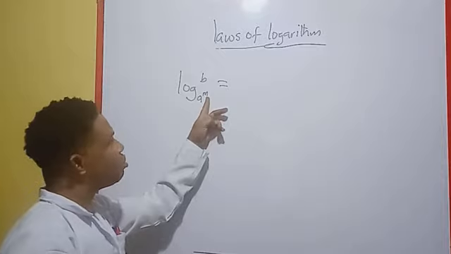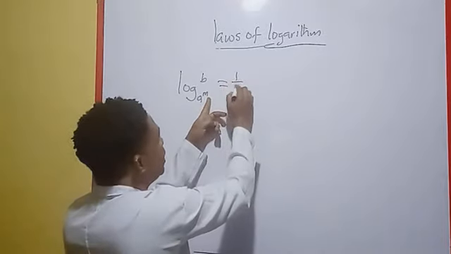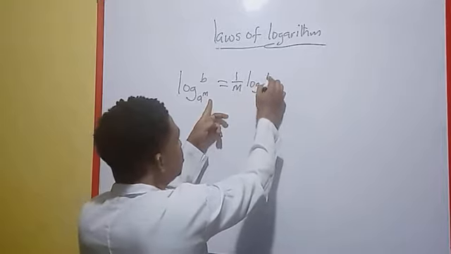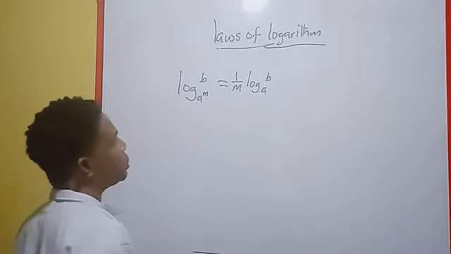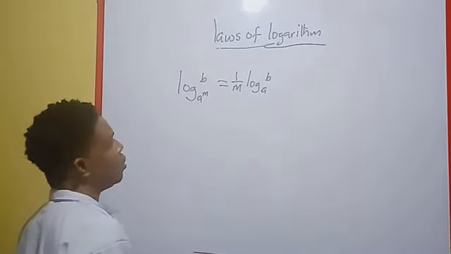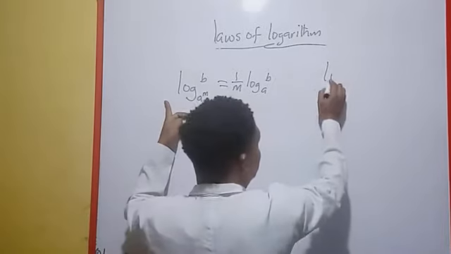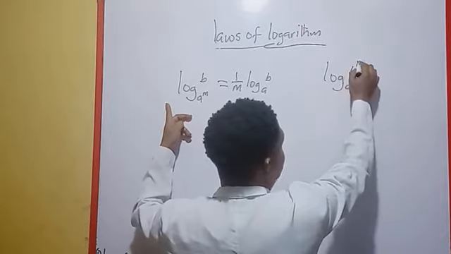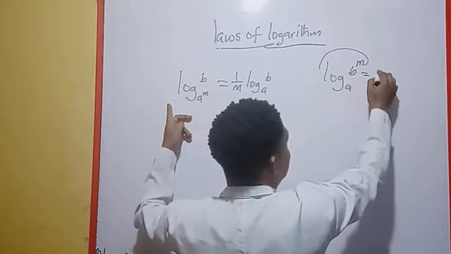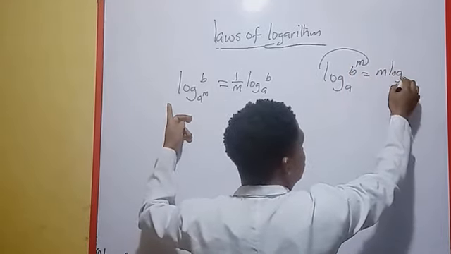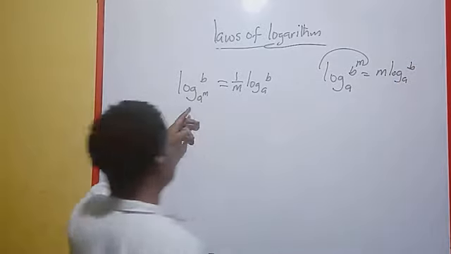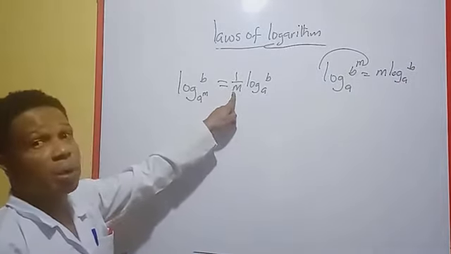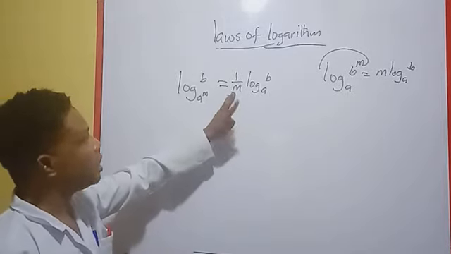Now when the base is raised to power, you say 1 over M log A raised to power B. Unlike the previous one, when it was log A, B raised to power M, you transfer it to this side and you now have log A raised to power B. But when the base is raised to power, it will be 1 over the power that it was raised to. Okay? That is how to express it.